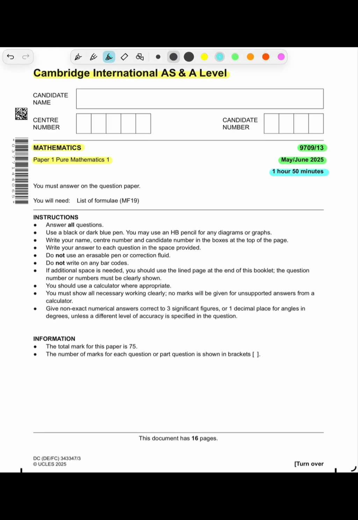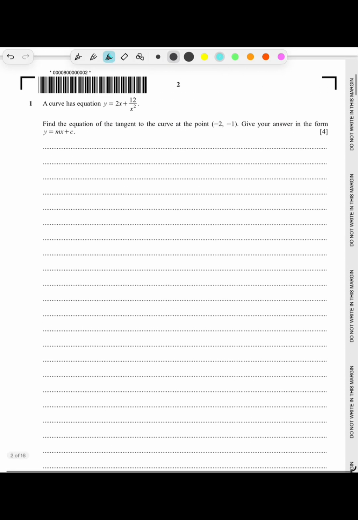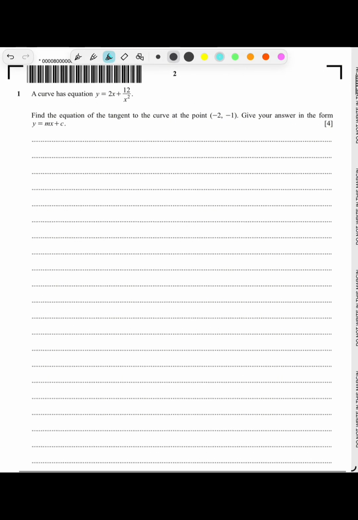So let's begin. The first question: a curve has this equation. Find the equation of the tangent to the curve at a point. Give your answer in the form y equals mx plus c.